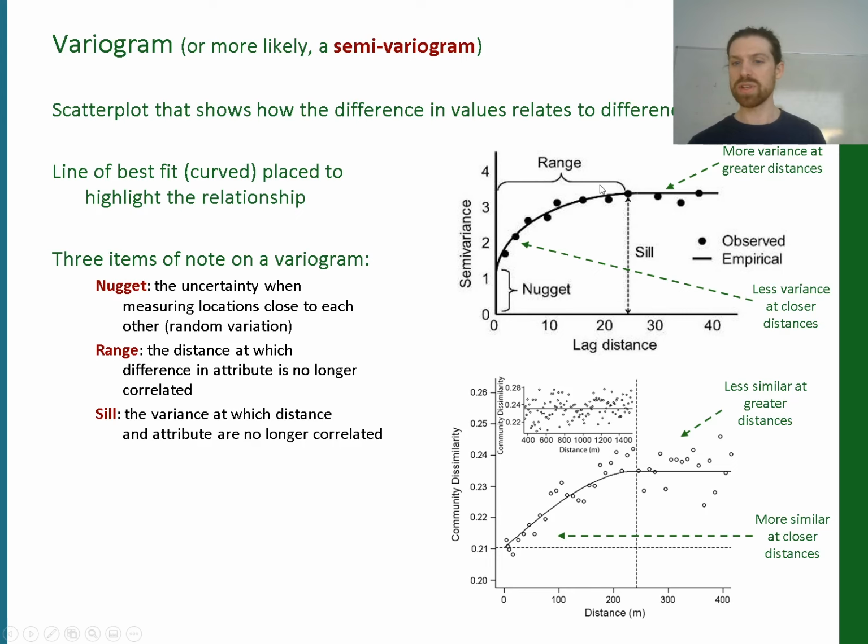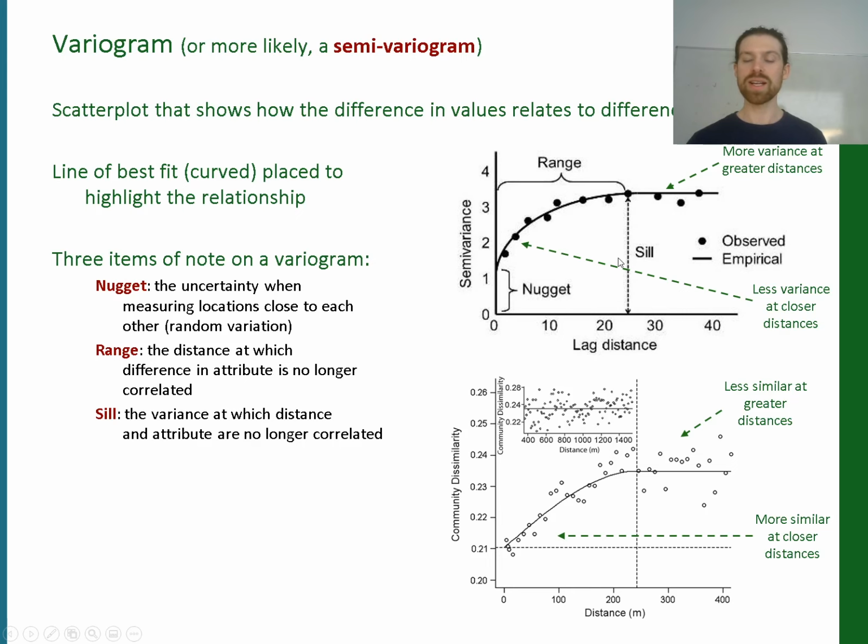We can see that we have this flat line up here where the variance starts to become static, and that's around 25, whatever distance this is, kilometers. And then we have the sill as well, the variance at which the distance and the attribute are no longer correlated. That's this distance here up to this point on the y-axis.